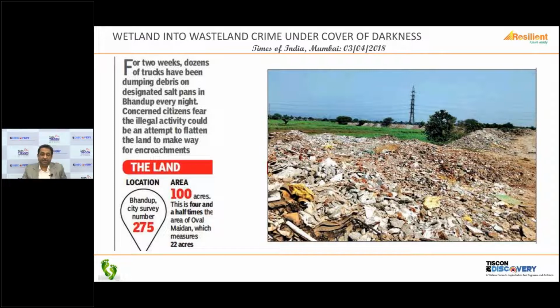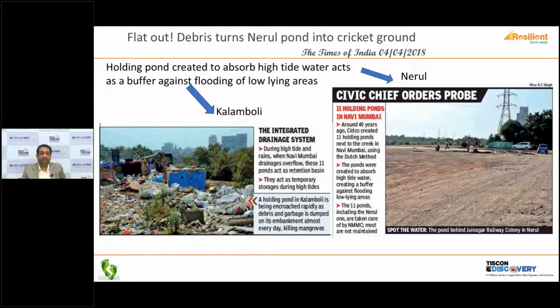Worse is the situation in New Bombay. In the 1970s, using the Dutch method, CIDCO made around 11 holding ponds, which act as a buffer for absorbing the high tide and even the surface runoff when there is a heavy rain. So this is actually serving the city to absorb any increase in water which comes in and prevent the city from flooding.